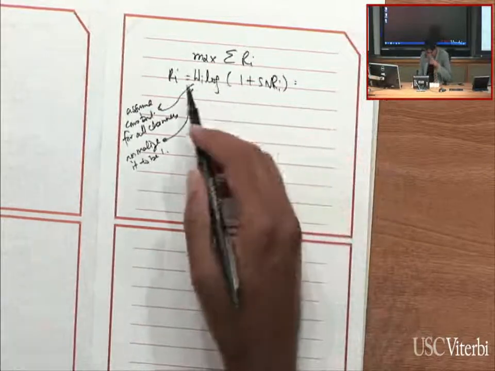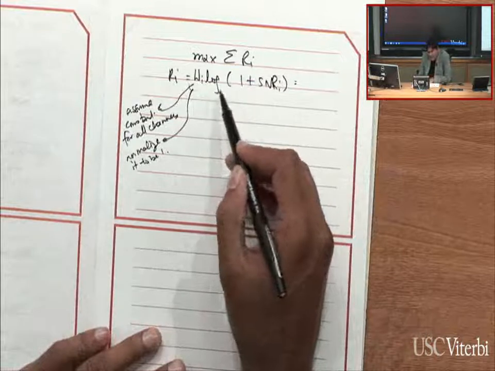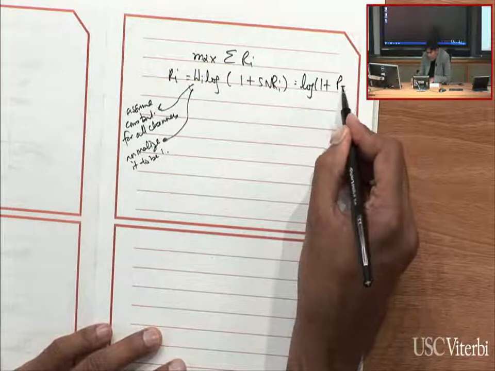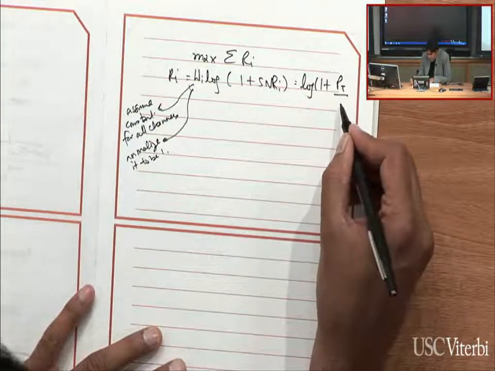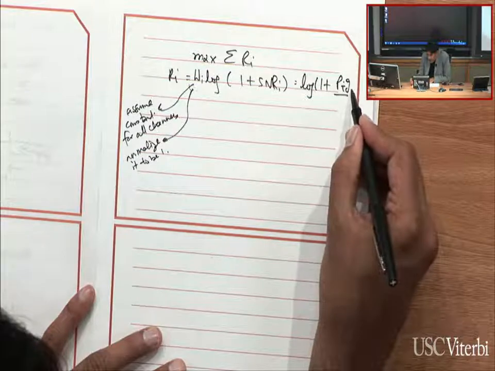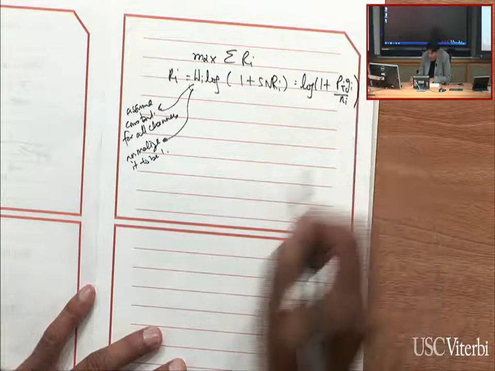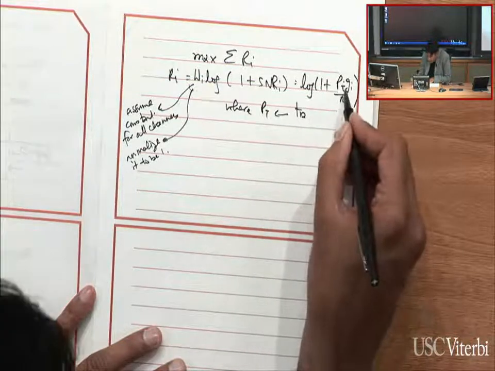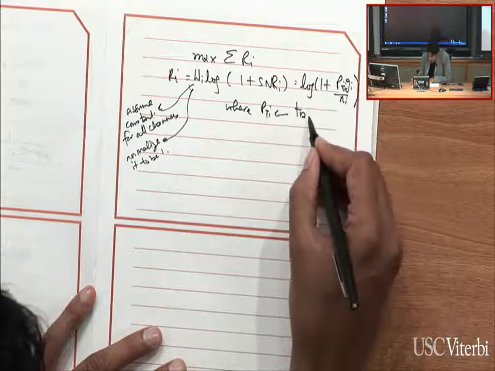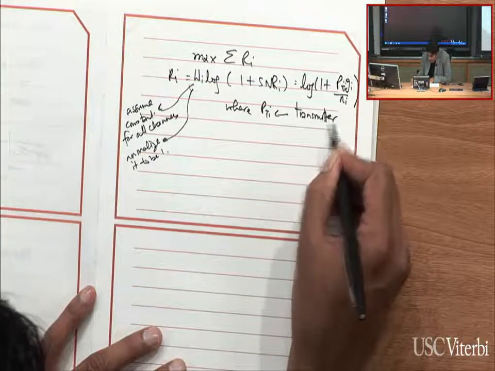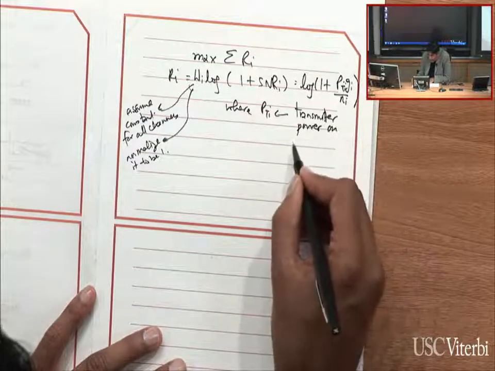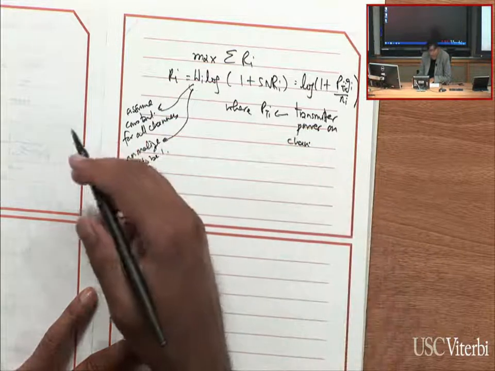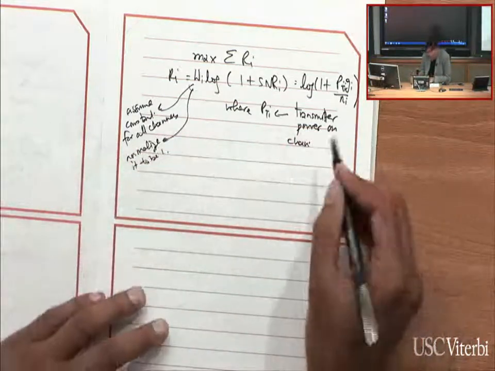So if I ignore that term, what I'm left with here, this log of 1 plus SNR, I can rewrite as 1 plus PTI times GI over NI, where PTI is the transmitted power on channel I. So now I'm using the word channel to mean subcarrier for OFDM, but in general, any parallel channels.